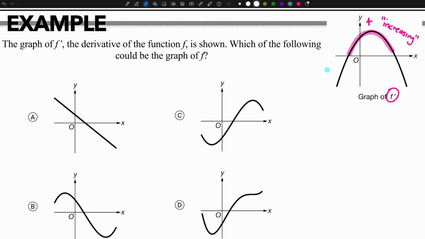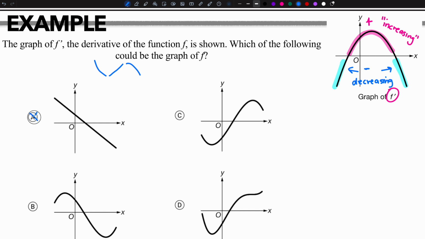Below the x-axis will be negative numbers, which means it is decreasing. So where is it decreasing? The original function is decreasing, going down, and then increasing, going up, and then decreasing, going down.